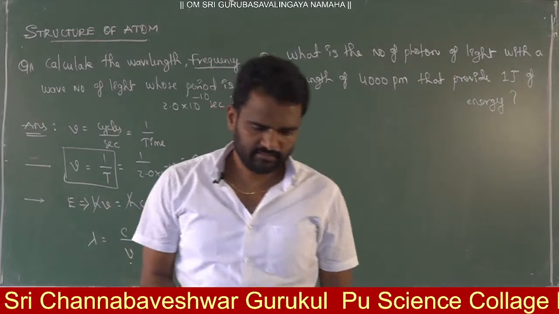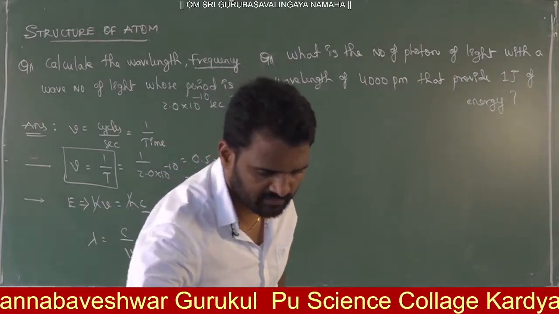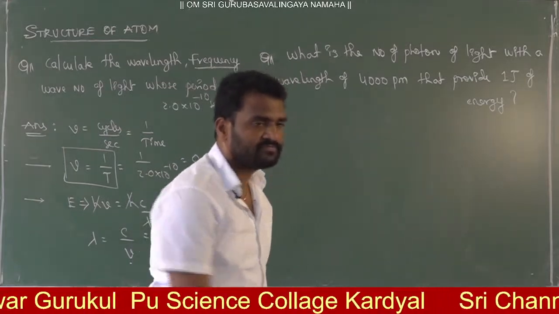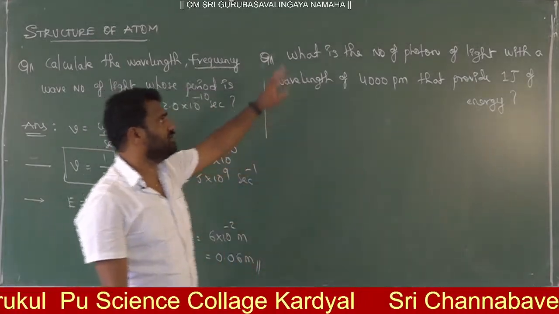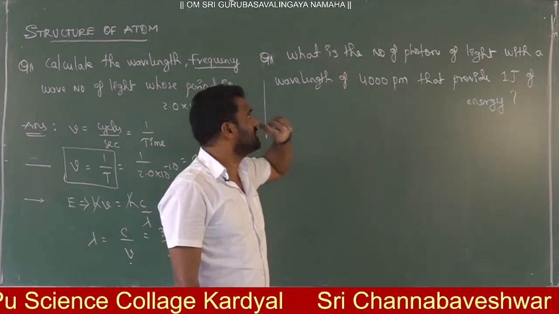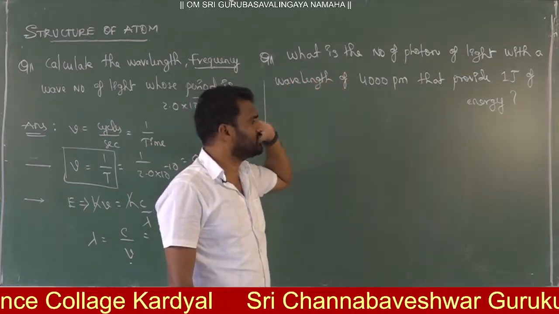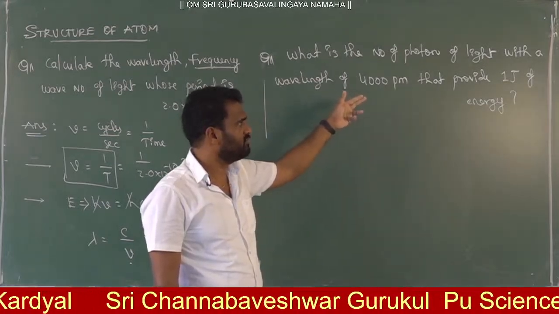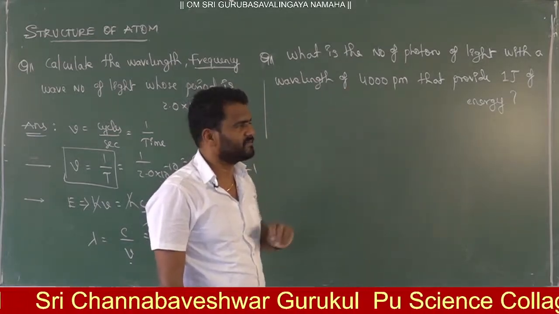Here, how do you have to solve it? The question says: what is the number of photons of light with a wavelength of 4000 picometers that provide 1 joule of energy?